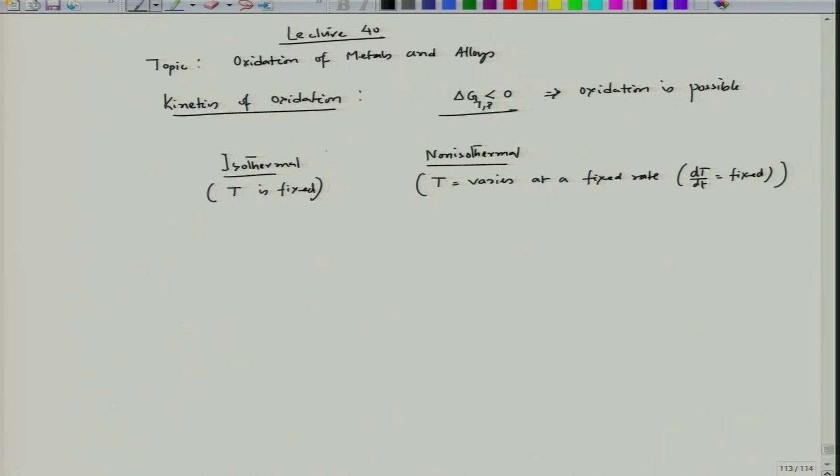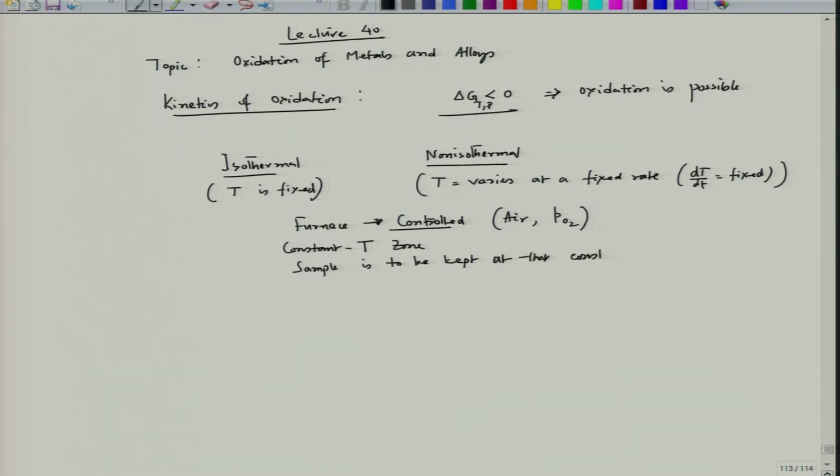Now, for that you need a furnace which should be a controlled furnace. It can be done in air, or a particular partial pressure of oxygen can be maintained, and there should be a constant temperature zone in the furnace, and the sample is to be kept at that constant temperature zone.